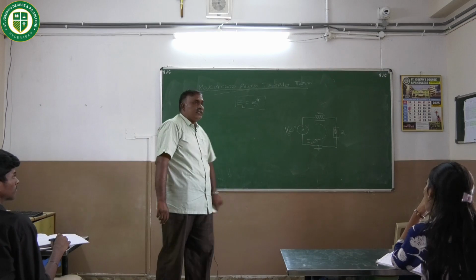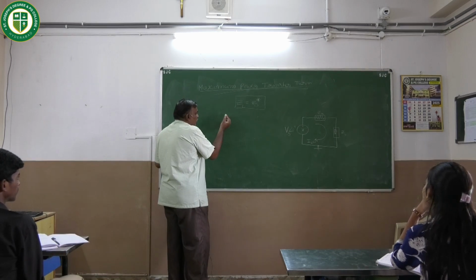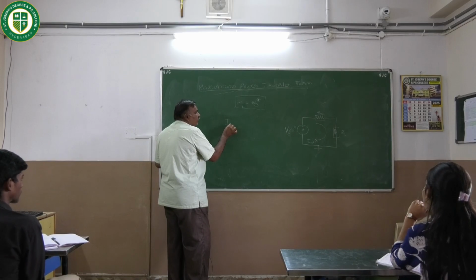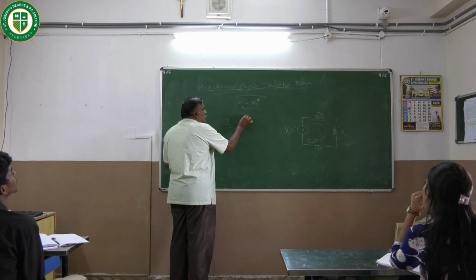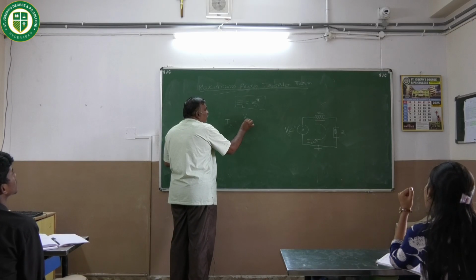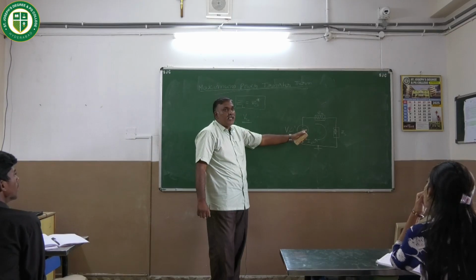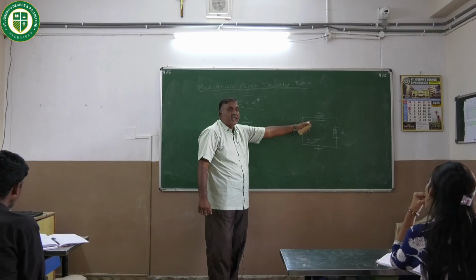You are very much clear that I is nothing but the current flowing through the circuit. So Is is equal to Vs by Rs. But here we are not taking I equal to V by R, we are not taking the resistance, we are taking the impedance.